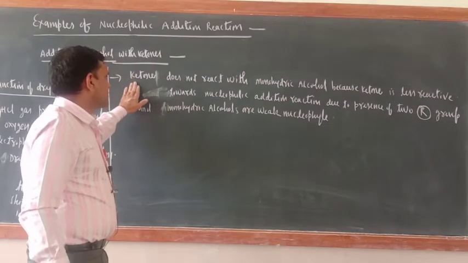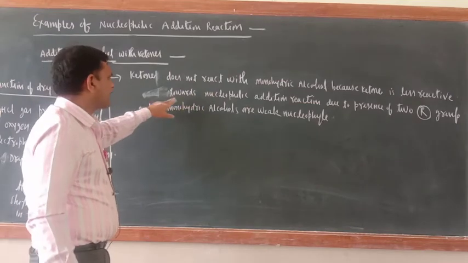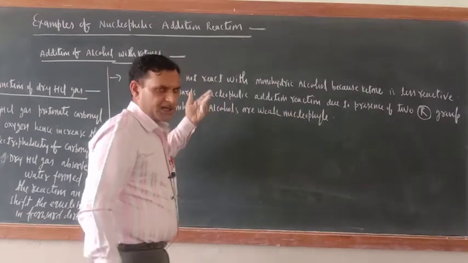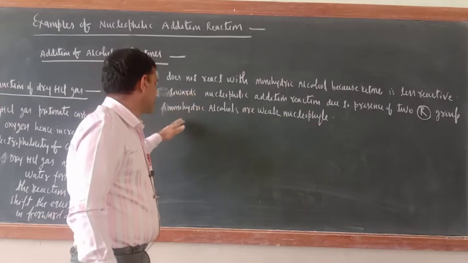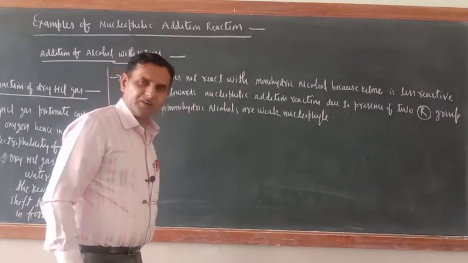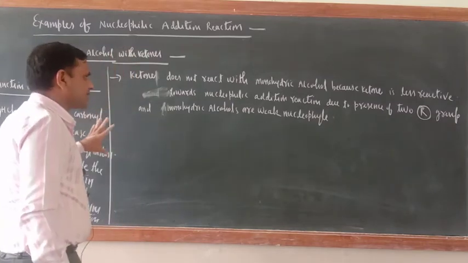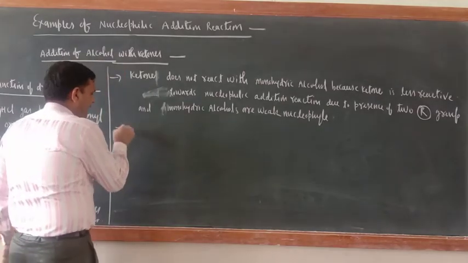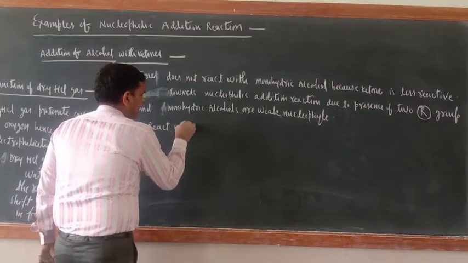Ketone does not react with monohydric alcohol because ketone is less reactive towards nucleophilic addition due to the presence of two alkyl groups. Already I taught you that aldehydes are more reactive towards nucleophilic addition. The second thing is that monohydric alcohol itself is a weak nucleophile. So these are the reasons why acetone does not react with monohydric alcohol. Acetone or ketone reacts with dihydric alcohol.